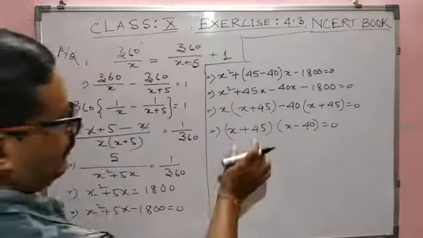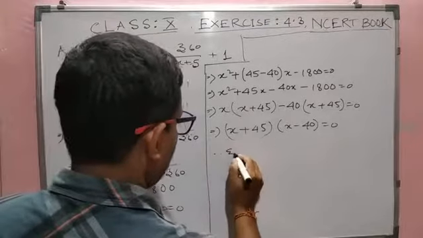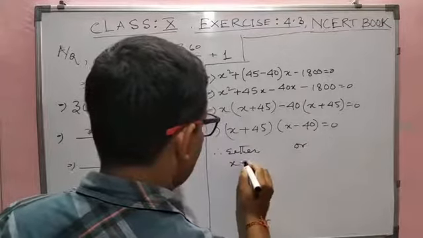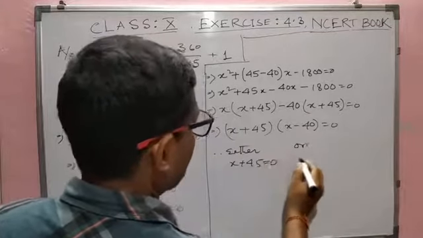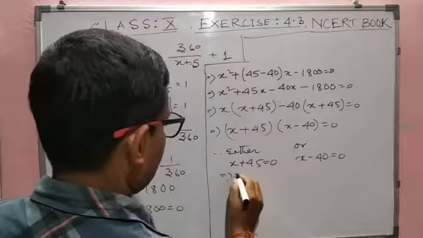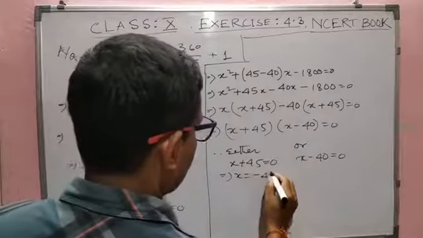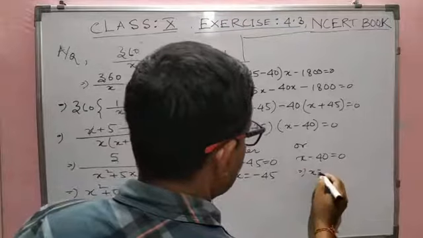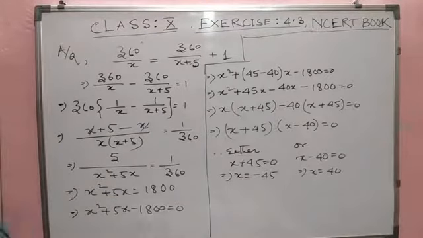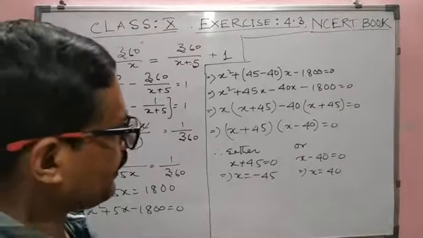Now either-or, therefore either x plus 45 equal to 0 or x minus 40 equal to 0. x equals minus 45, and this implies that x equals 40. So x means the speed of the train. So speed cannot be negative.